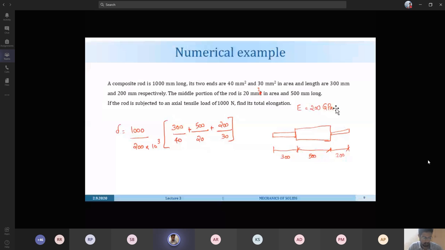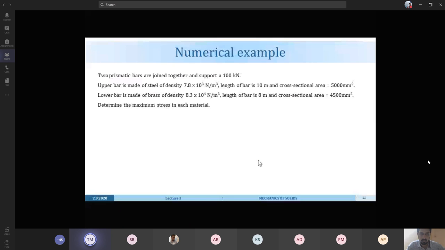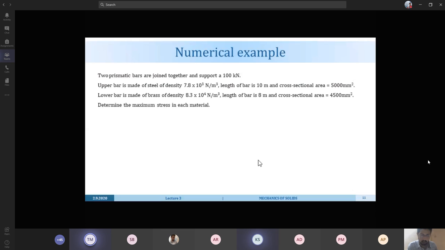Sir, 0.195. Okay, I haven't calculated, but still okay. Is anyone else also getting the same answer? The unit is meter, or what is the unit? 0.196 millimeter. Yeah, okay. Sir, got the same answer. Yeah, okay, fine. We'll go to the next example.